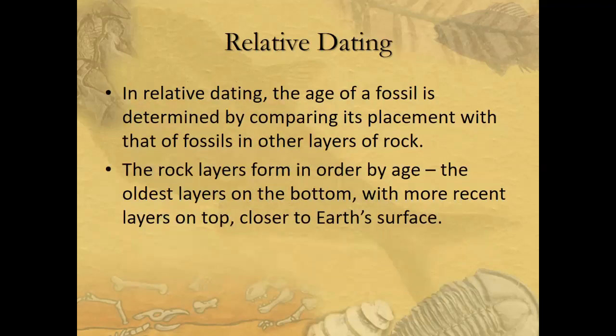In relative dating, we're doing that superposition we talked about, where we're not necessarily putting specific dates on it because we're not dating it radioactively, but we can say, depending on where it's found in the rock layers, that it's older than or younger than. You may not know my age, and you may walk down the street and you may look at a little kid and you may not know their age.